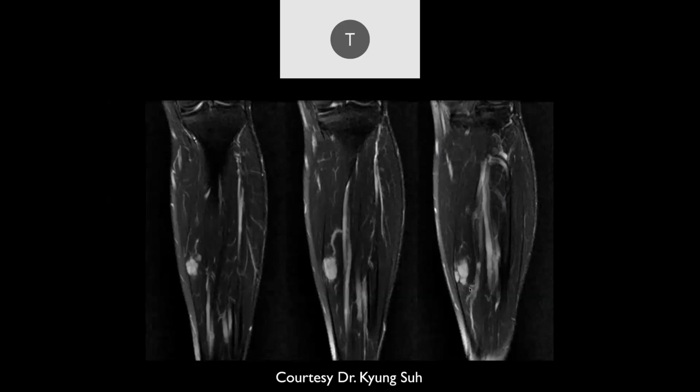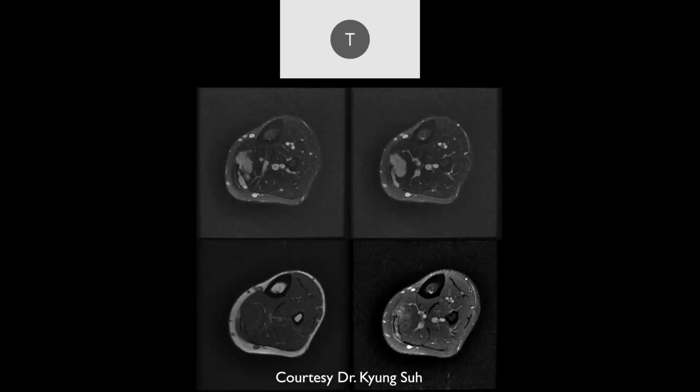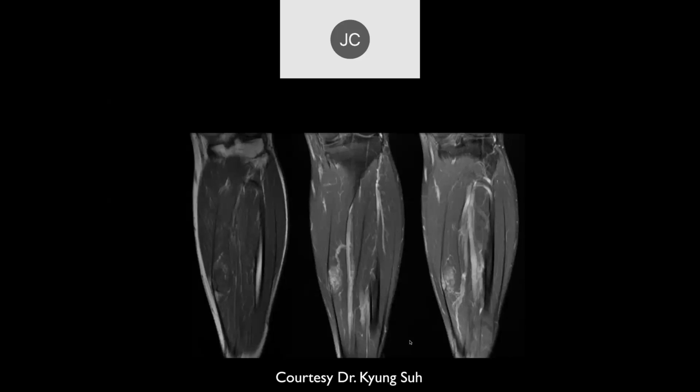Maybe an artery and a vein. Yeah, it looks like maybe a varicose vein on the top images. The bottom right image looks a little more infiltrative in that muscle. You know, I would think a venous malformation maybe.